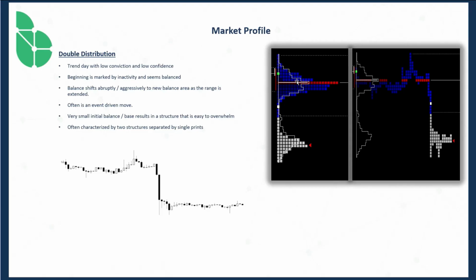So when you're looking at market profile, a lot of the times you're going to be referring to previous days' market profile. You'll refer to composites of previous days. You'll refer to weekly profiles, naked points of control, value area high, value area low. Everyone is familiar with this right now.